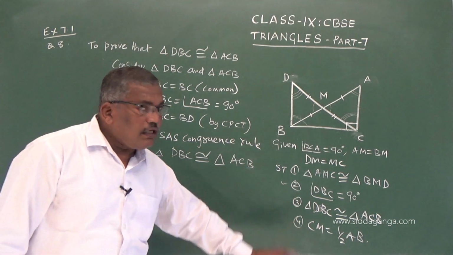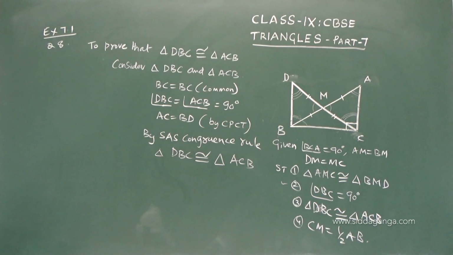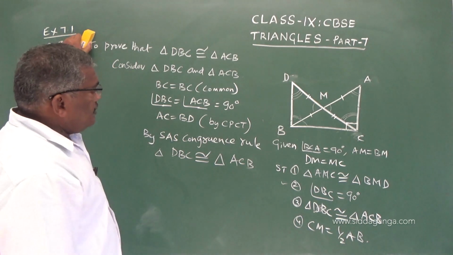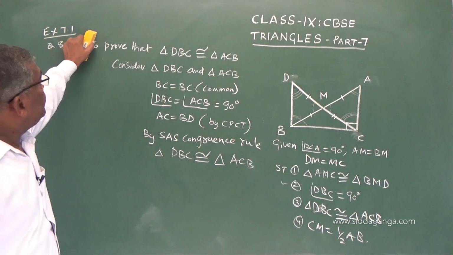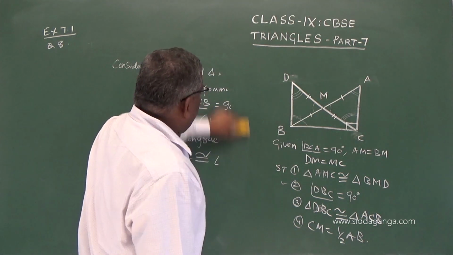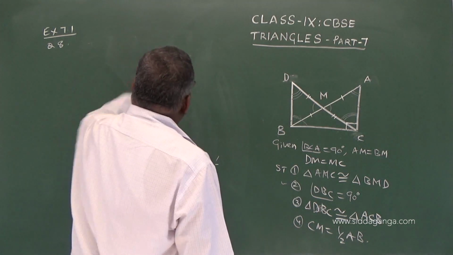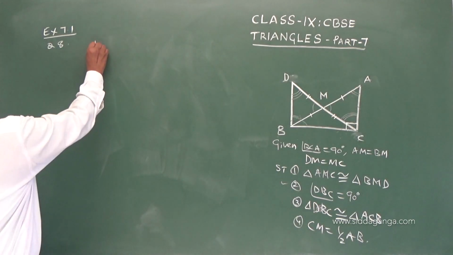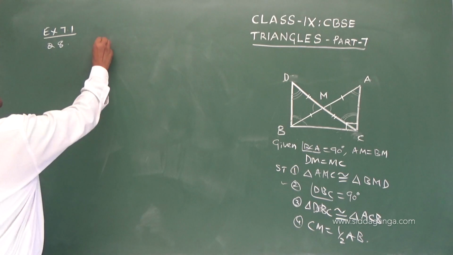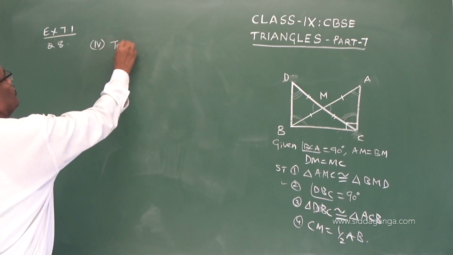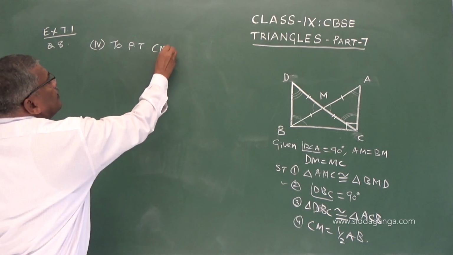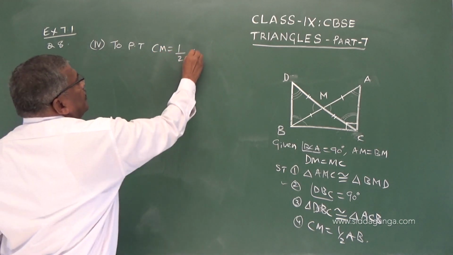So now let us take up the fourth one. I will erase this and take up the fourth one. To prove that, the fourth sub question, to prove that CM equals half AB.